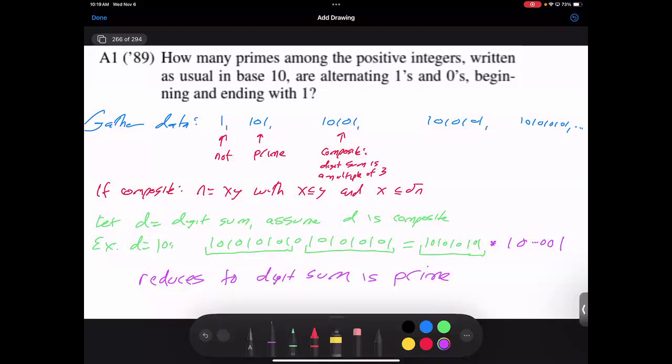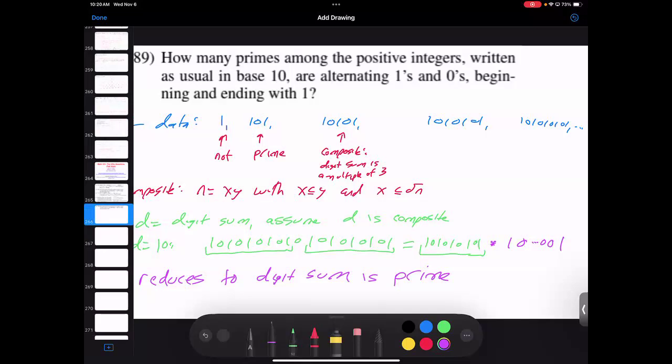And we know we have this rule: a number is a multiple of 3 if the digit sum is a multiple of 3. And this reduces us now to trying to understand what happens when the digit sum is prime. Well, 101 has a prime digit sum, and it's prime. 10101 has a digit sum that's 3, which is composite. So it's going to be a little bit harder. You could try to do 1010101.